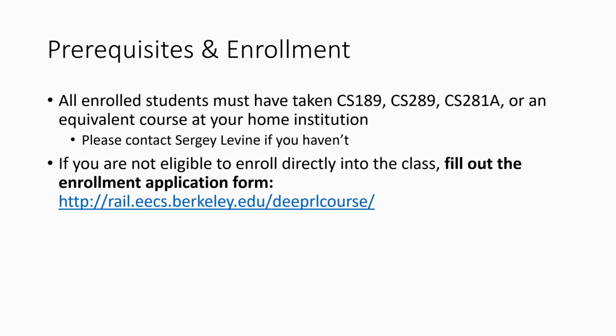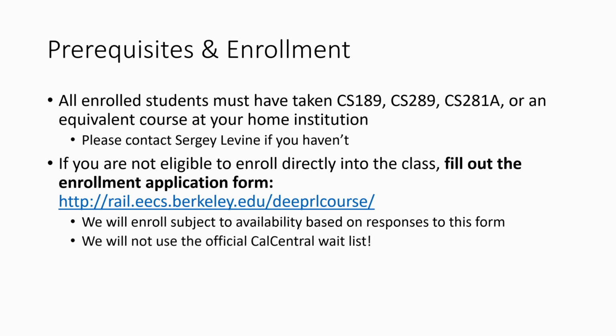It doesn't matter what order you fill out the form in, whether you did it 3 months ago or today. We're going to randomize it and sort by priority based on whether you meet the prereqs or not. But please make sure to do this before Friday. And we'll not use the official Cal Central waitlist. If you're already enrolled via Cal Central, then you're fine. Don't worry about it.